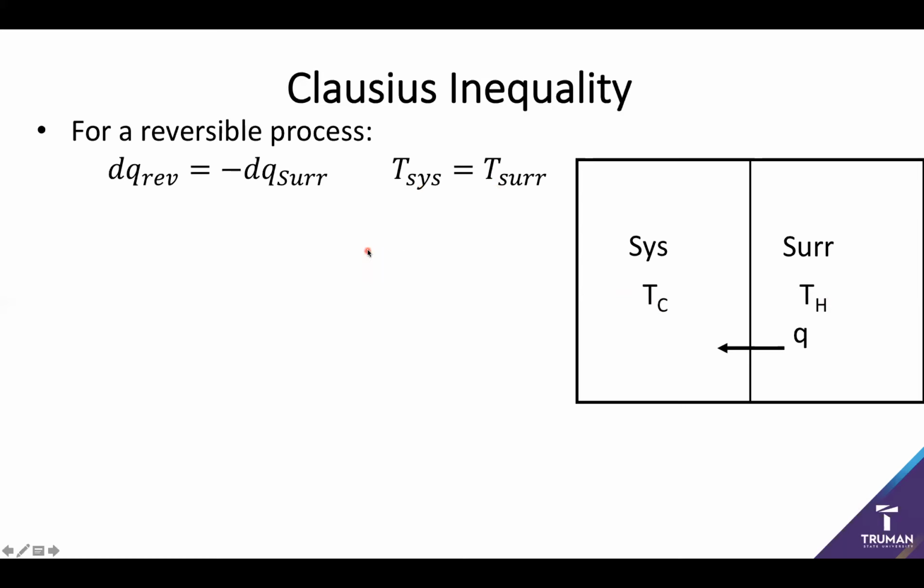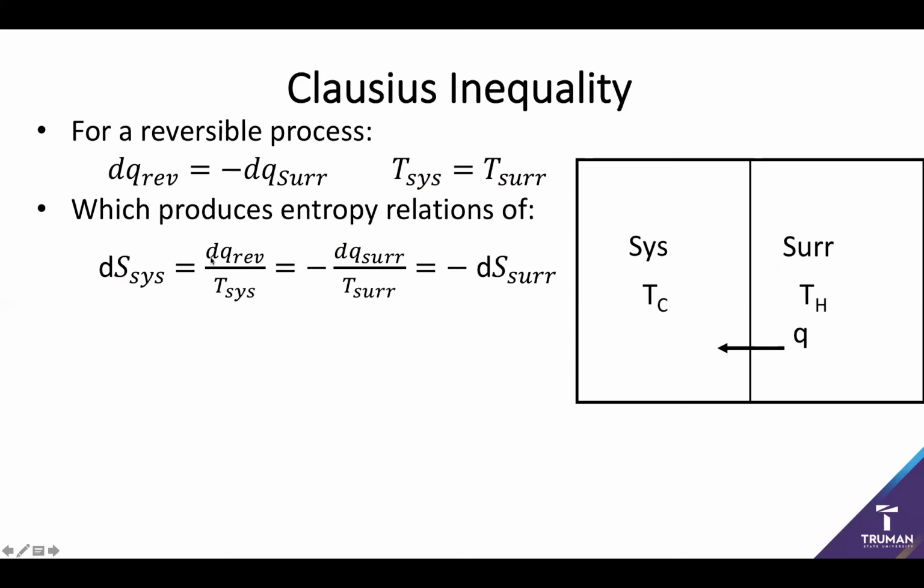Now, by definition, the entropy of my system is going to be related to the minimum amount of heat going into my system and the temperature of that system. But we know that the heat going into my system is the negative of the heat going into my surroundings, and the temperature is essentially equivalent. So these two expressions are going to be identical. Well, this expression is just a reformation of the negative of the entropy of our surroundings.